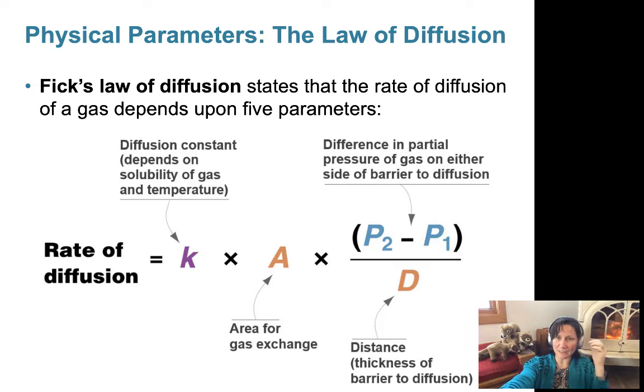So P2 is outside the lungs, P1 is inside the lungs. And D here is the thickness of the barrier to diffusion. If you have a really thin membrane that you're going through, or a much bigger membrane, or maybe several different layers of cells that you have to go through, that's going to impact the rate of diffusion of gases into and out of the body.